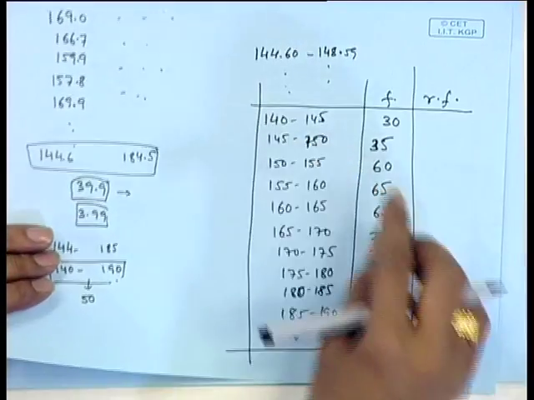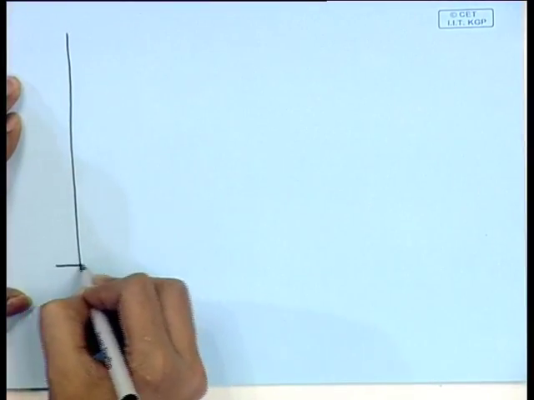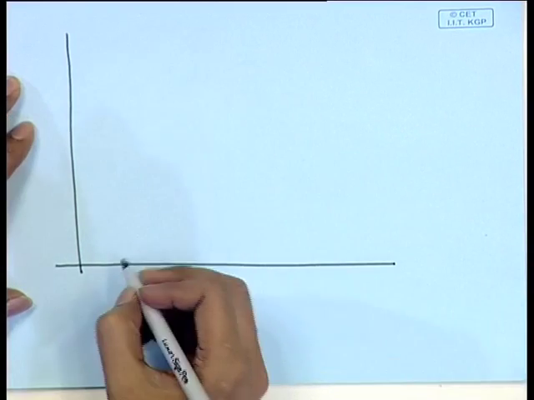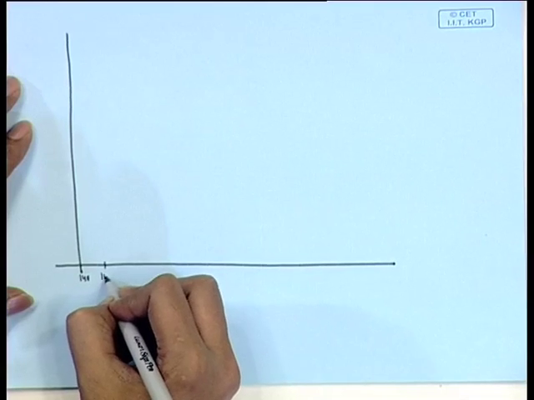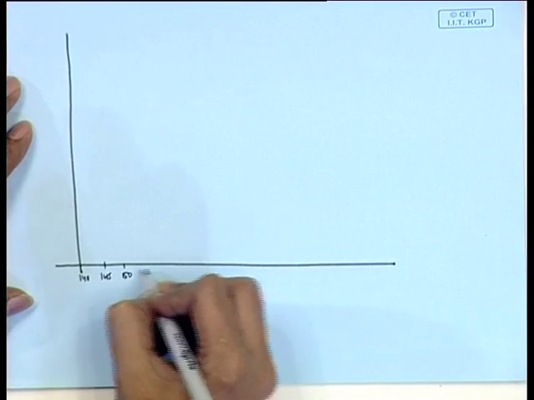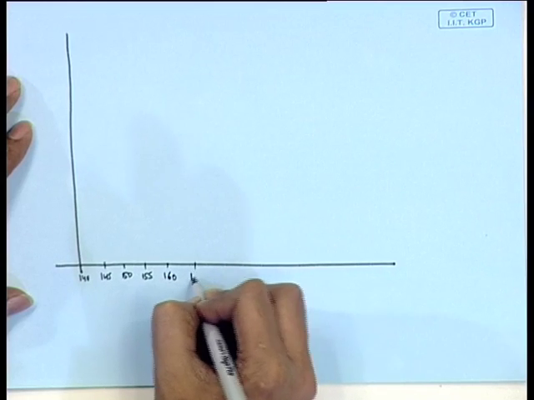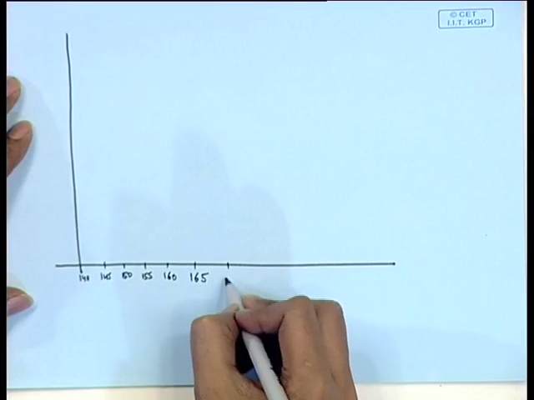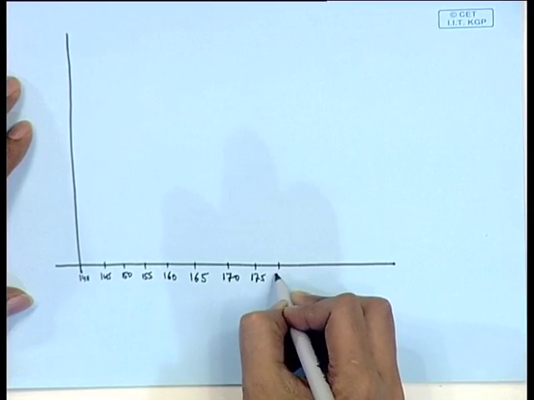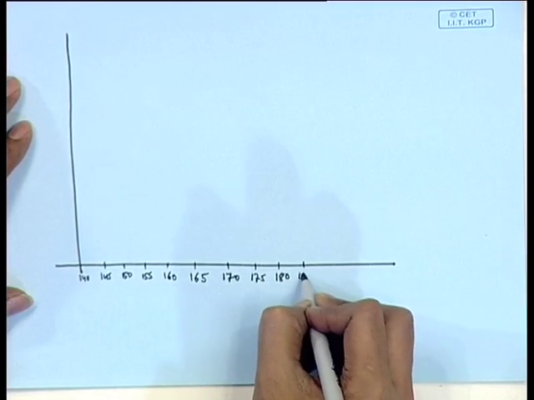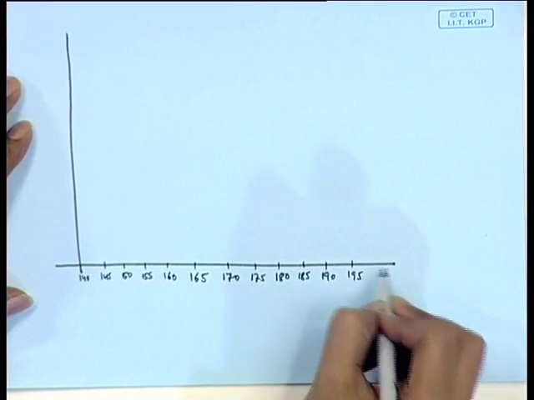So, for this data one may consider the class intervals 140 to 145, 150, 155, 160, 165, 170, 175, 180, 185, 190, 195 say.